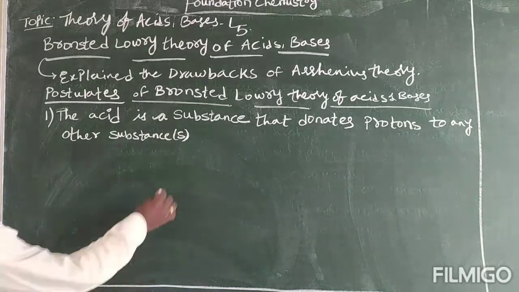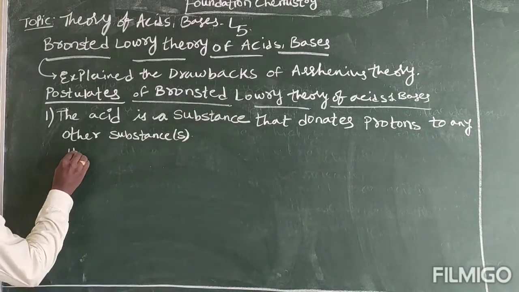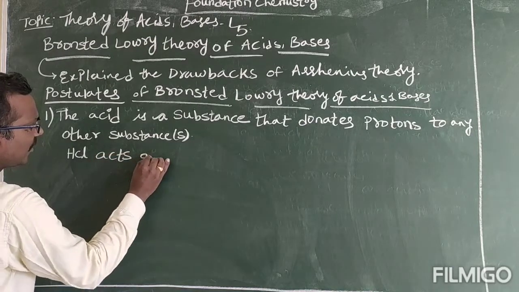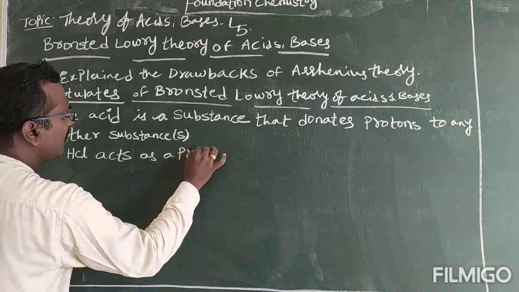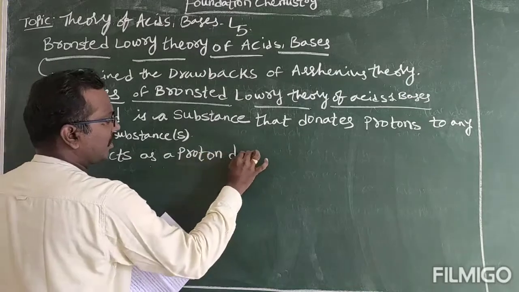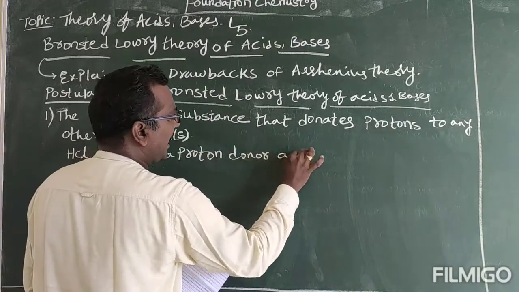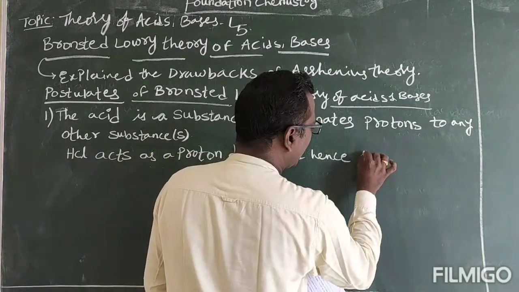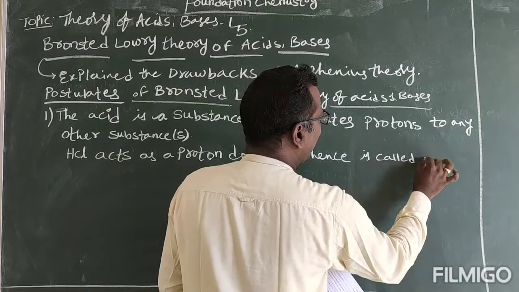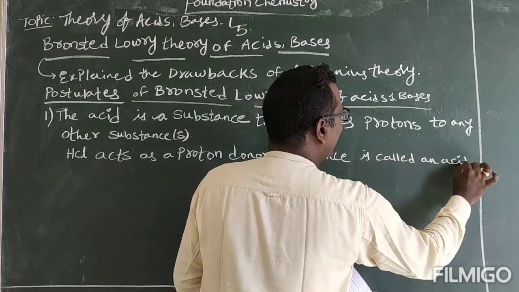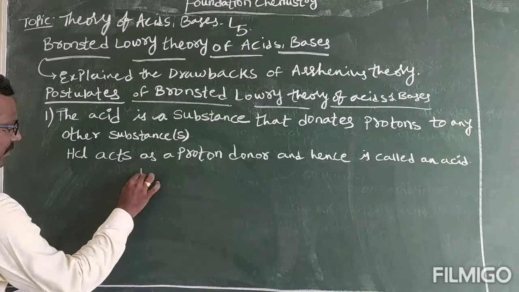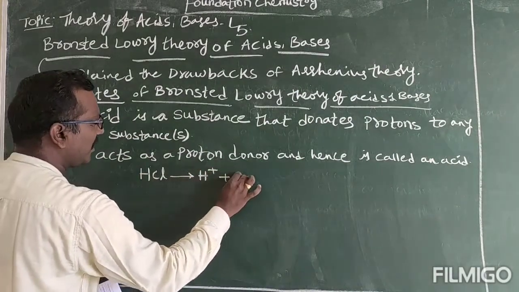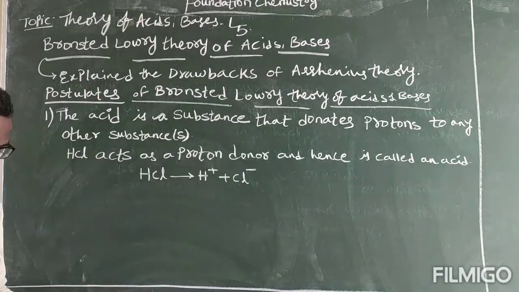That is called an acid. HCl acts as a proton donor, and hence it is called an acid. So HCl gives rise to H+ and Cl-.